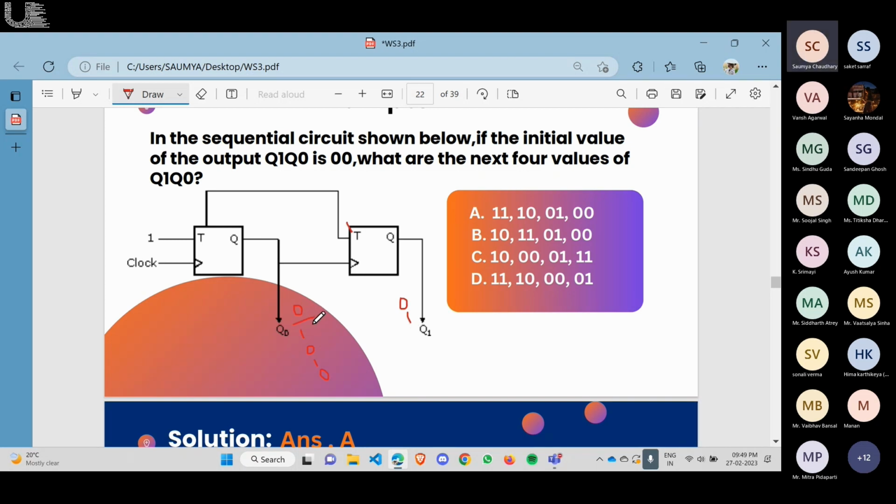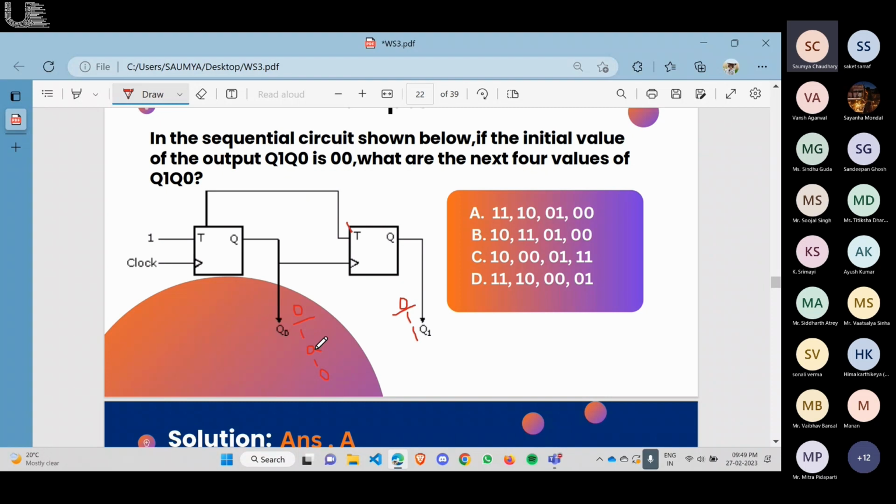This clock is going from 1 to 0, and this is a positive edge triggered flip-flop. So the value will not change, it will remain 1, because the positive edge triggered one changes the value only when the clock is going from 0 to 1. It will remain as it is.